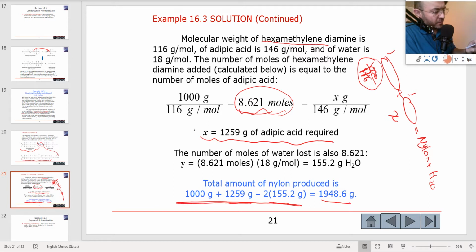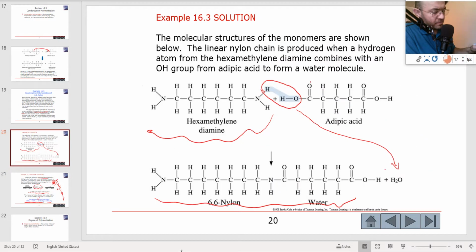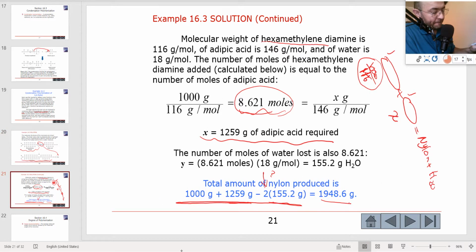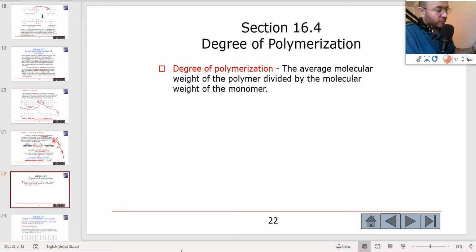The only thing that makes me slightly confused is why they use 2 here. So 1000 plus this would be 2200. I have no idea why they reduce it times 2. It has to be 1.